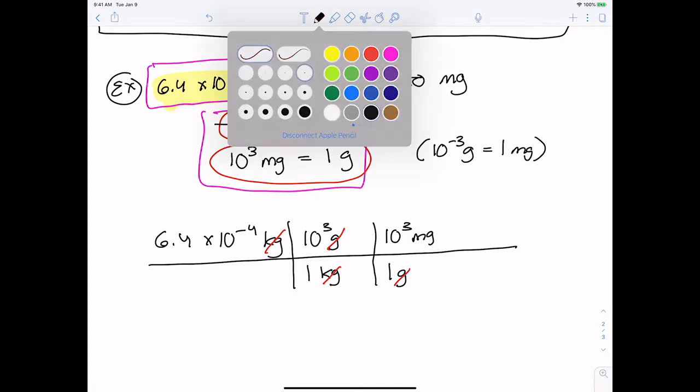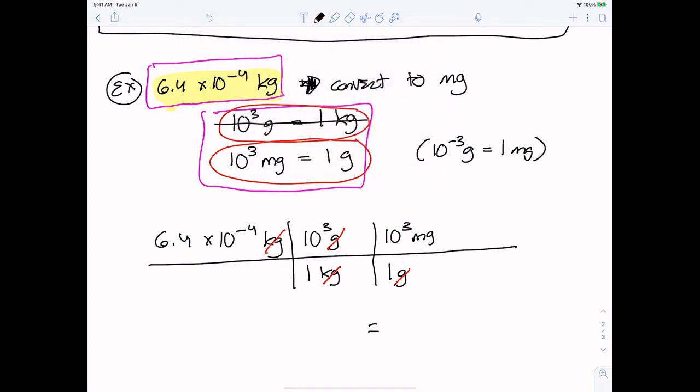And then you just need to grab your calculator and type it in. I did these ahead of time, so I'm just going to write down the answer, but it would be really great if you guys would pause the video at this point and actually type it in yourself. A lot of times students will type things into their calculator incorrectly. Like they'll set it up perfectly. They'll get the math, they'll get the chemistry, but then type it into their calculator incorrectly and then get the problem wrong for that reason.